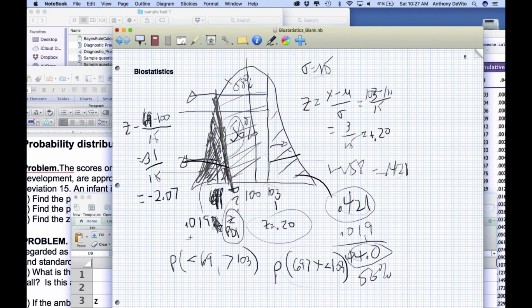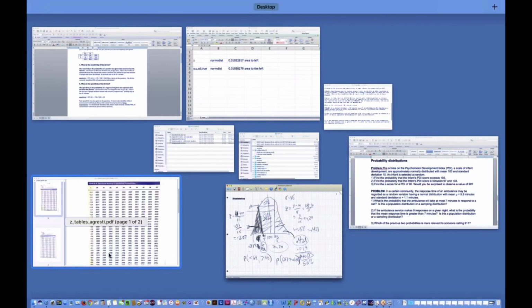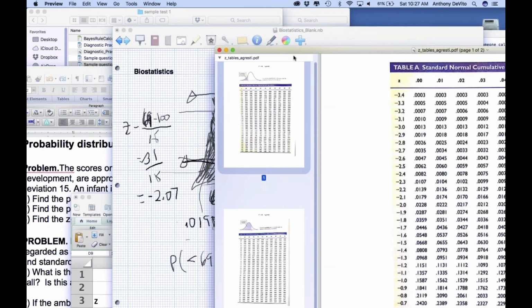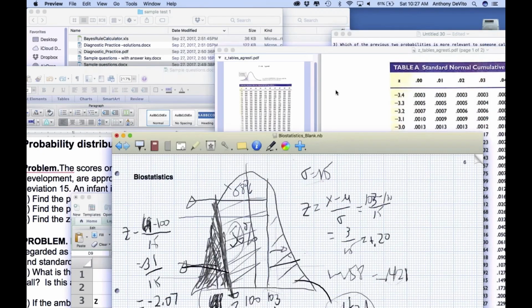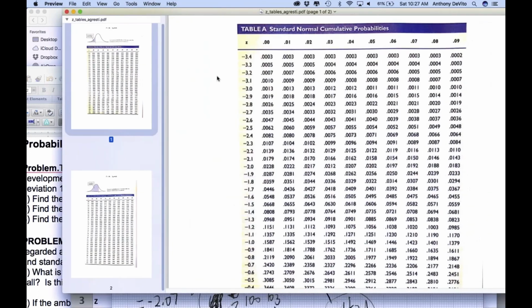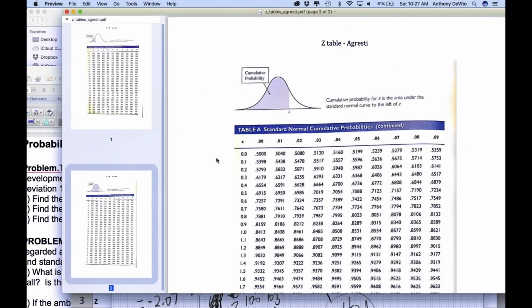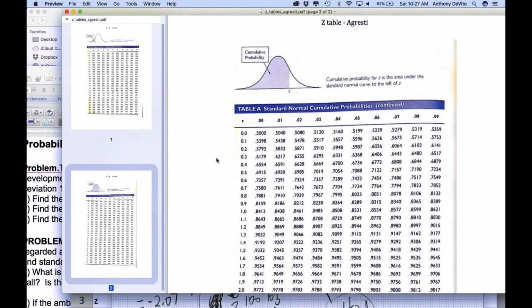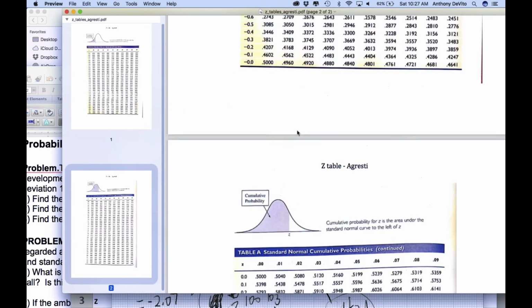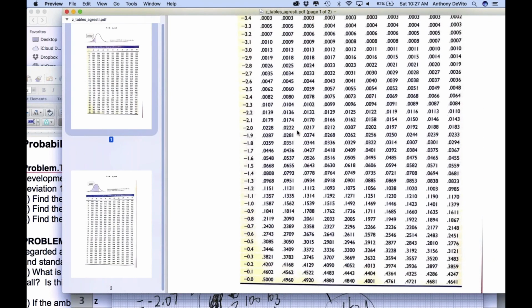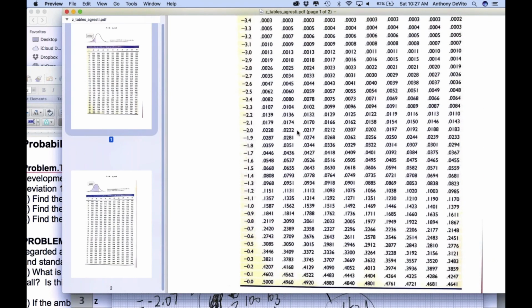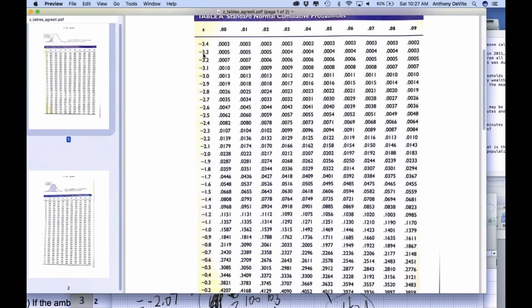Okay, so how am I going to figure that out? Well, there's a couple of ways to do that. One, with the table. Remember, these all represent areas. So the area 10% is going to be a negative number because it's to the left. We know it's below 50%. So I've got to find the area that represents 0.1 the best.